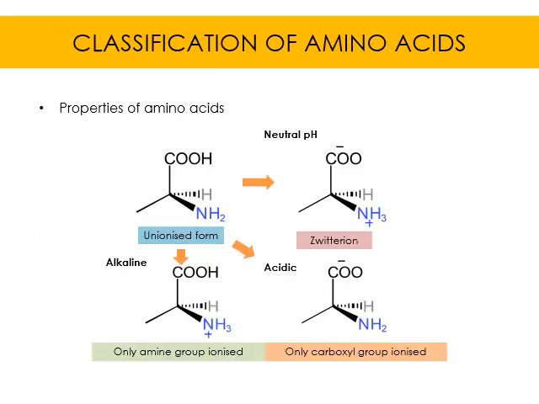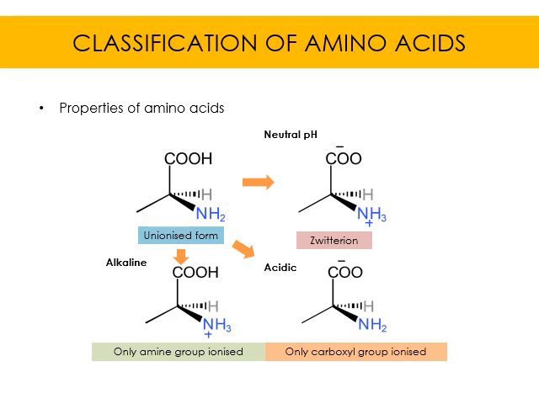Regarding the properties of amino acids, at around neutral pH, both the alpha amino and carboxyl groups are going to be ionized, and thus this molecule is going to be dipolar, which we call a zwitterion.